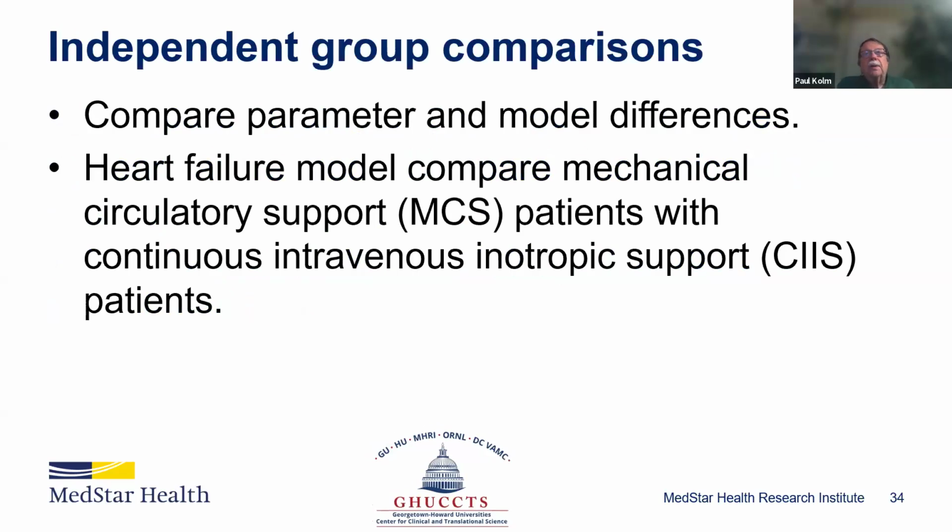With structural equation modeling, we can compare parameter and model differences. In our last one, I said there were two types of heart failure models or treatments that we could look at, one being MCS and the other, the model CIS.